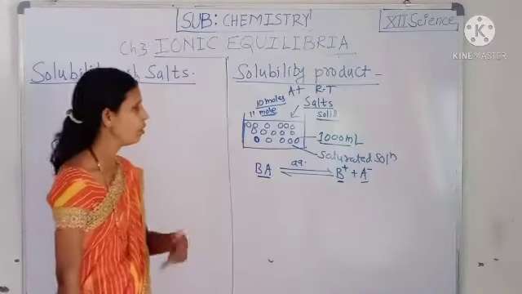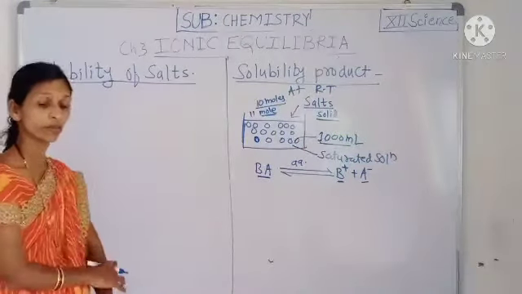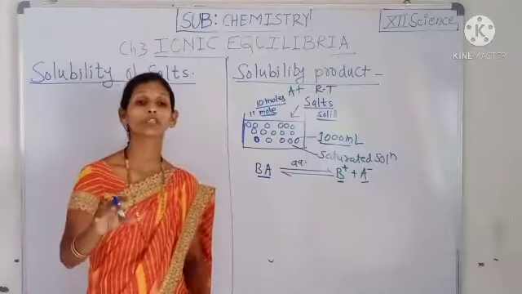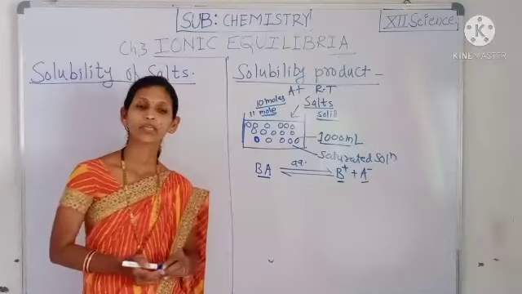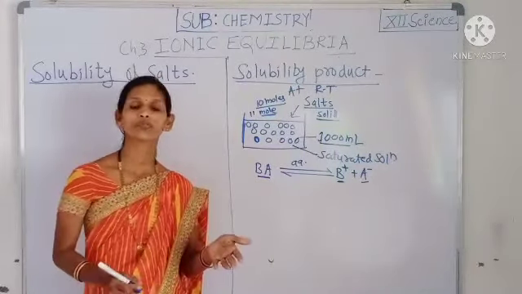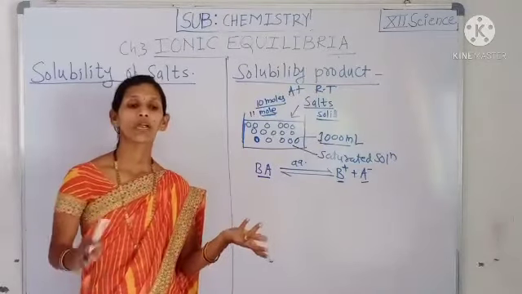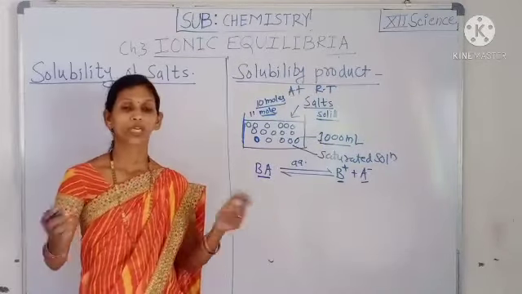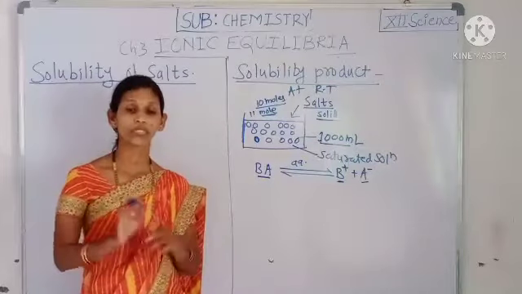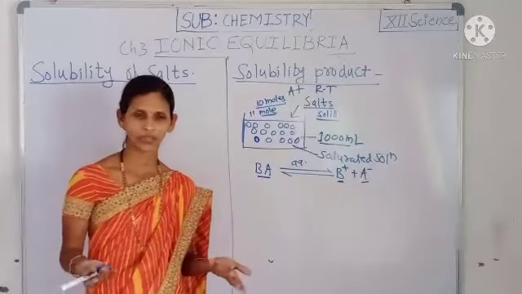Then all of you are aware that the solubility of different salts is different. That means the solubility of sugar and the solubility of common salt in the same amount of water is different.